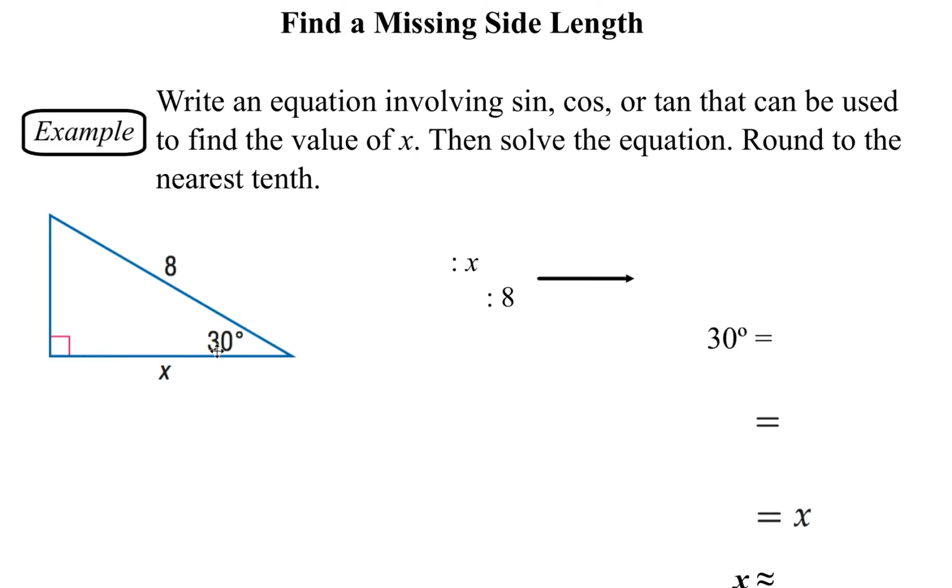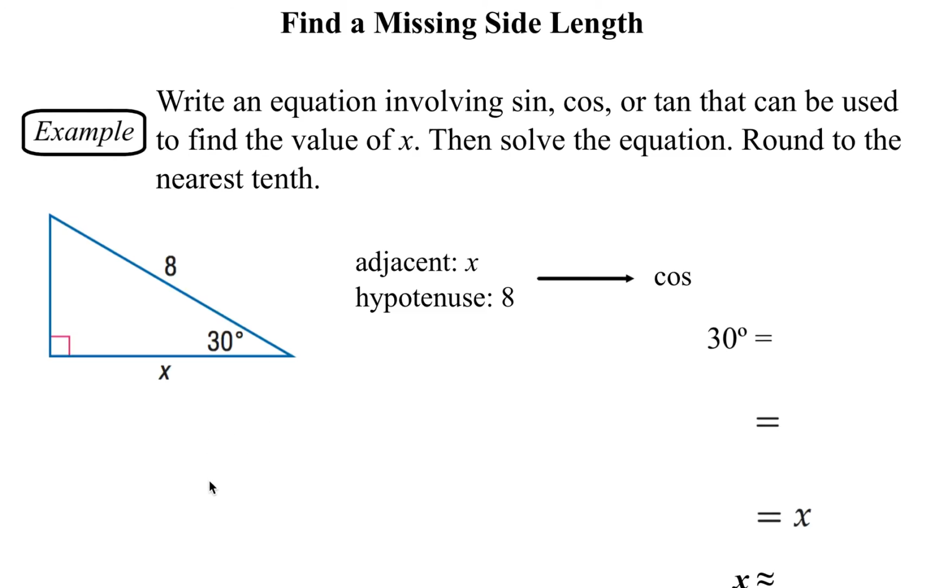So the first thing we want to do is figure out what trig function we would use. The trig function we're going to use uses the adjacent and the hypotenuse. The adjacent side is x, the hypotenuse is 8. What trig function uses adjacent and hypotenuse? That would be the cosine function. So we know we're going to use the cosine function.